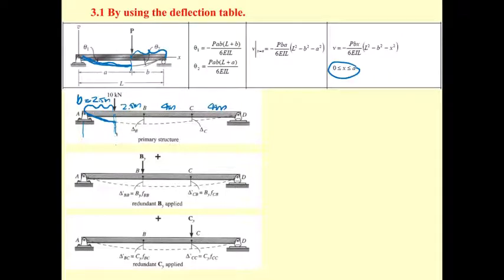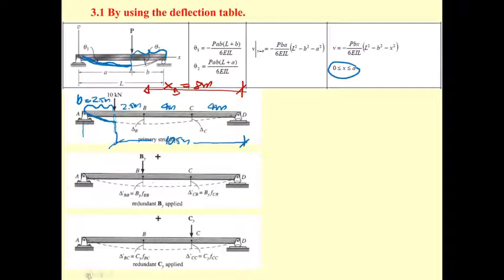So A is going to be 10.5 meter. Now the direction of X is in the reverse. So if you would like to find delta B, the X for the deflection at B is going to be 8 meter.